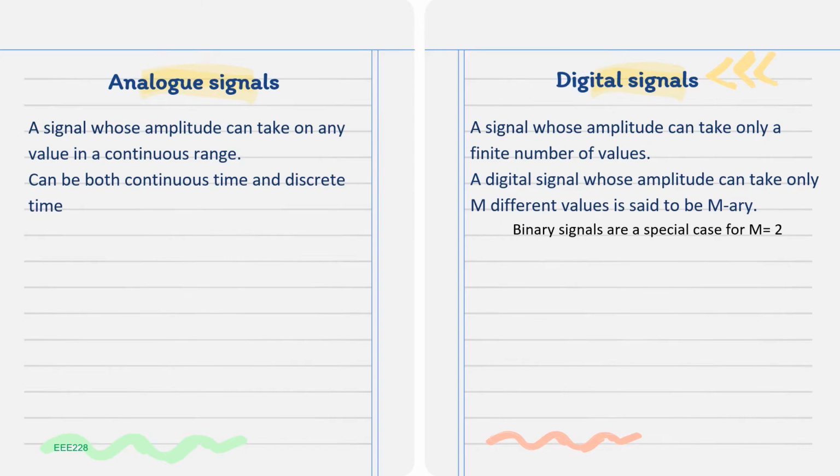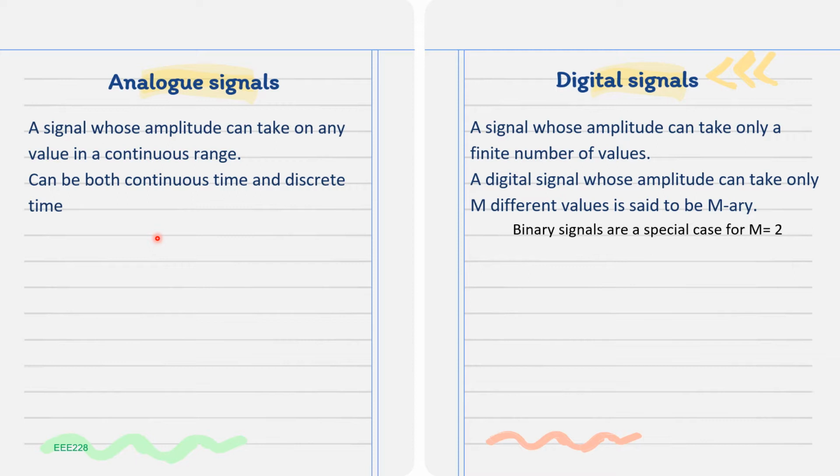Okay, the next one is analog and digital. If continuous and discrete refer to the time, the independent variable or the horizontal axis, now analog and digital describe the amplitude. For analog signals, the amplitude can take on any value in a continuous range.